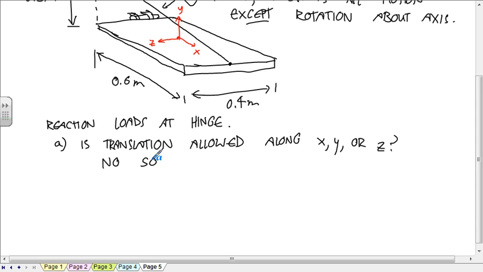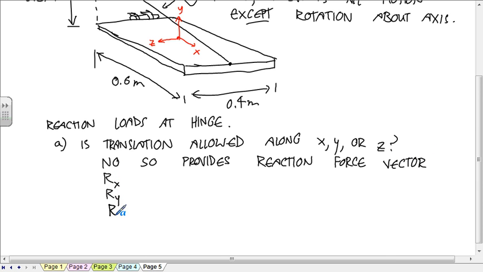And so therefore, this joint provides a reaction force vector. I'll just call it Rx, Ry, and Rz.